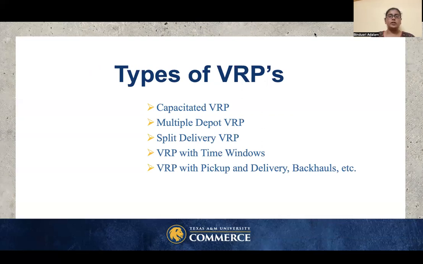The next one is split delivery VRP, where the same customer is allowed to be served by different vehicles. And the next one, VRP with time windows, where the customer is only able to accept the delivery in a certain time window. The next one is VRP with pickup and delivery, backhauls, etc.